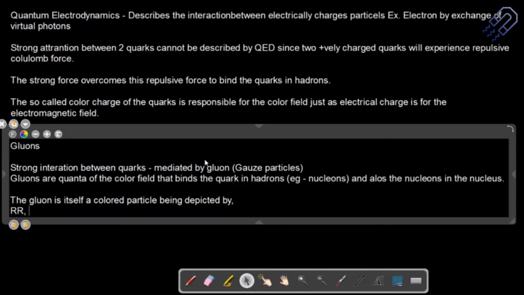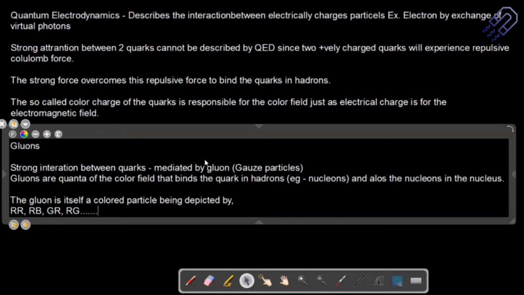If you take red and combine it with anti-blue, or you can take green and red bar, or you can take red and green bar, and so on.